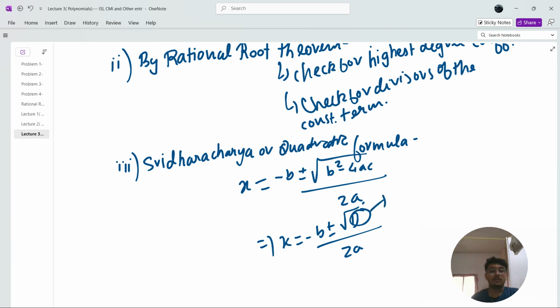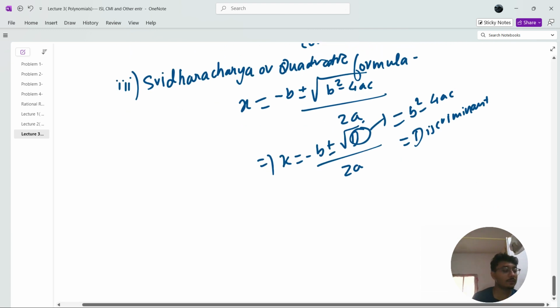This D equals b square minus 4ac, which is the discriminant.